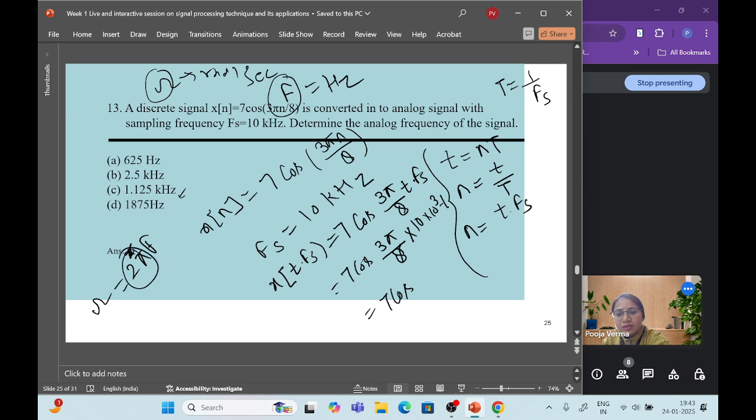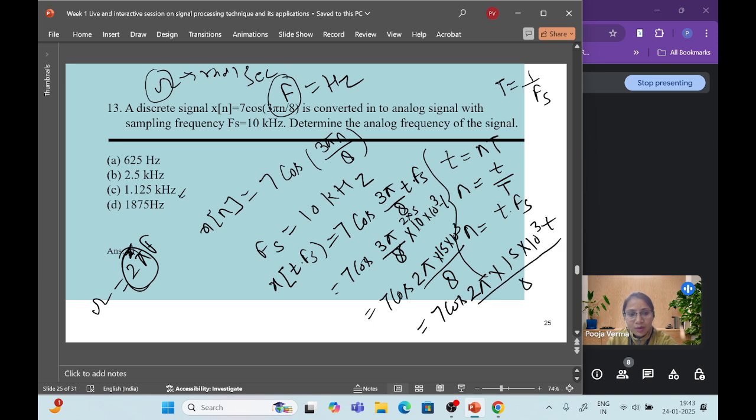So we have to just bring out the 2 pi. Here we can write 2 into 5. If we take 2 out, you will get 15 into 10 to the power 3 divided by 8. So 7 cos 2 pi into 15 into 10 to the power 3 t divided by 8.